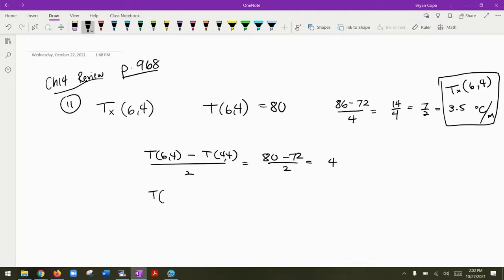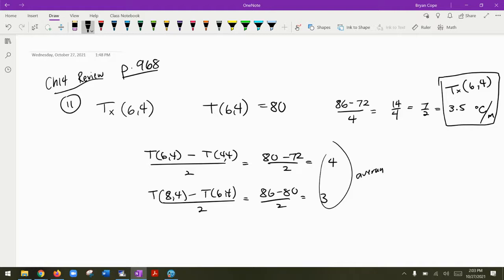They say, let's go to T of 8,4 minus T of 6,4 all over 2 again. And that is 86 minus 80 over 2, which is 3. And then they just average those two. That gets us the same answer that Sanjeev did. So I say this is probably valid. I don't see anything wrong with that.